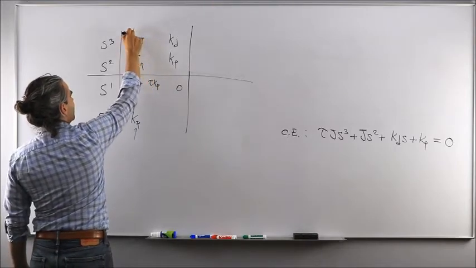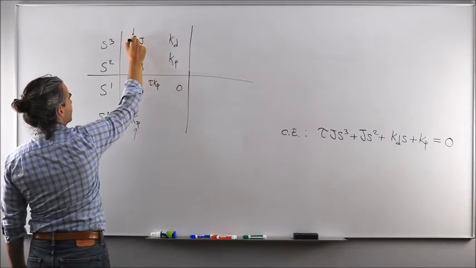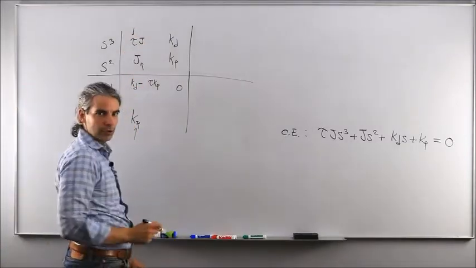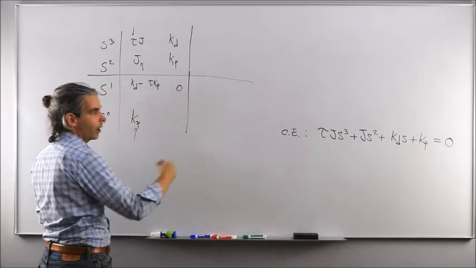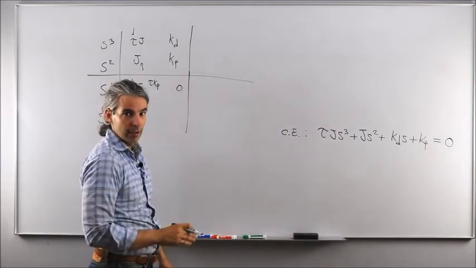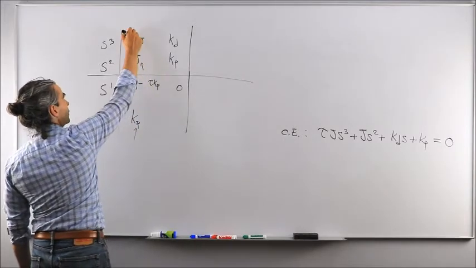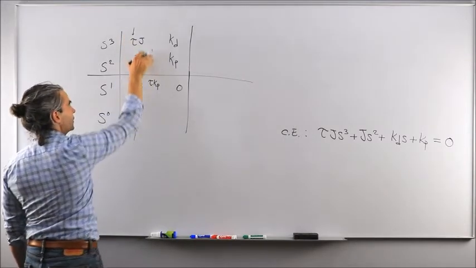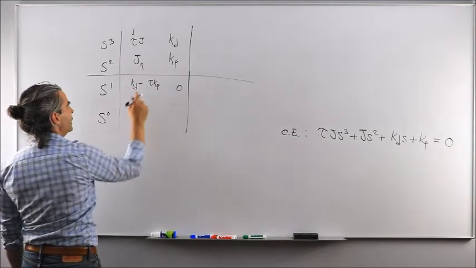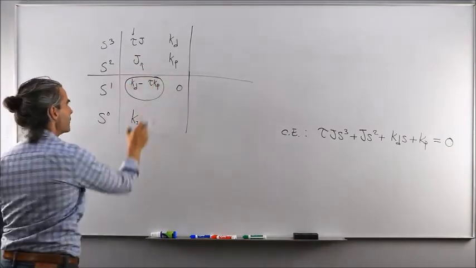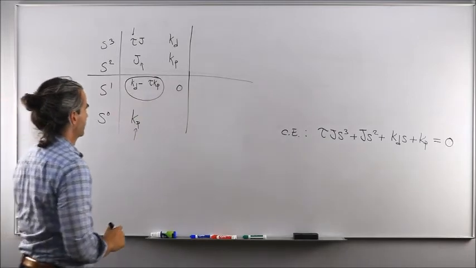The response time better be positive as well. We're talking about 0.1 seconds in terms of how long it takes for the actuator to reach the command, or 1 second or 10 seconds if that happens to be a very slow actuator. Yet tau will be a positive number. So everything is going to be positive here. The only unknown to ensure that everything remains asymptotically stable is this one, right?